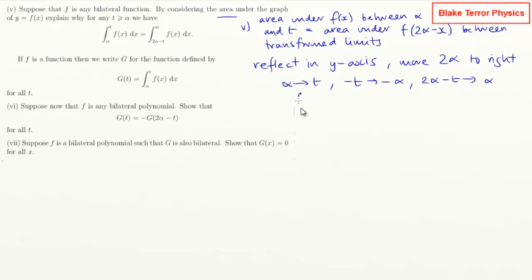So that's good. So we've got the integral from alpha to t of f of x dx is the integral from 2 alpha minus t to alpha of f of 2 alpha minus x dx, and f of 2 alpha minus x is f of x. So we've come full circle.